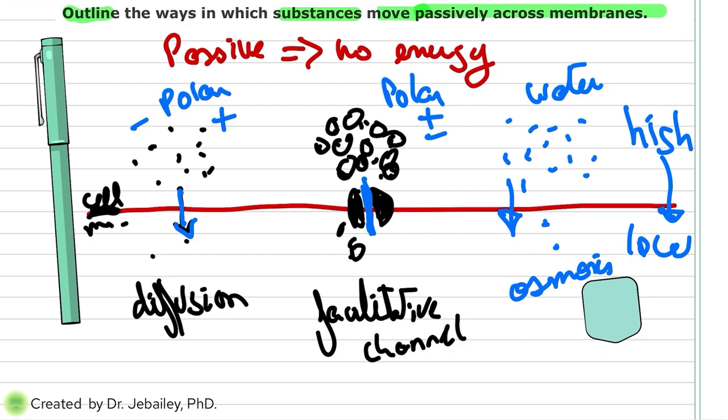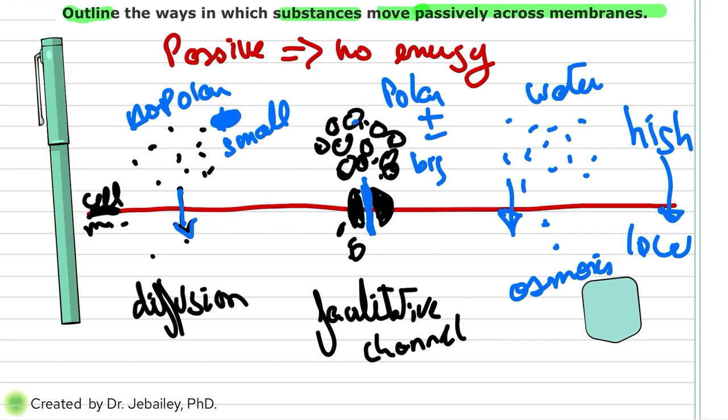The other ones are non-polar. Now these are more likely to pass through, but they can only be non-polar and small. If they're non-polar and big like these, they do not pass through. These ones are polar and they can be big, they have to go through the channel. And water is small so it can go.